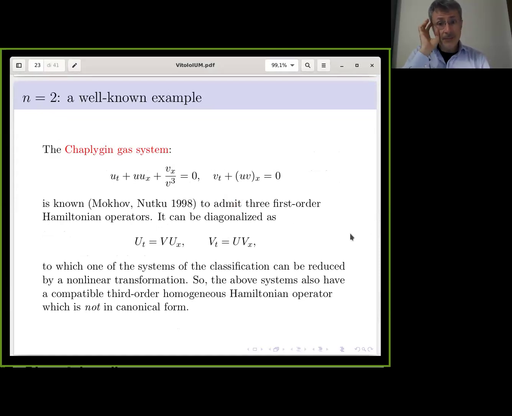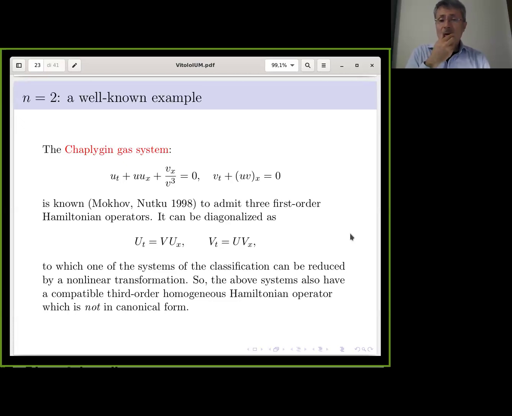The Chaplygin gas system is known to admit three first-order local Hamiltonian operators. Then one could think that it is of our type, and indeed it is. It can be diagonalized as the system that you can see. It should be said that all systems which are Hamiltonian with respect to a third-order operator are also linearly degenerate, and this is the only linearly degenerate system in 2 dimensions.